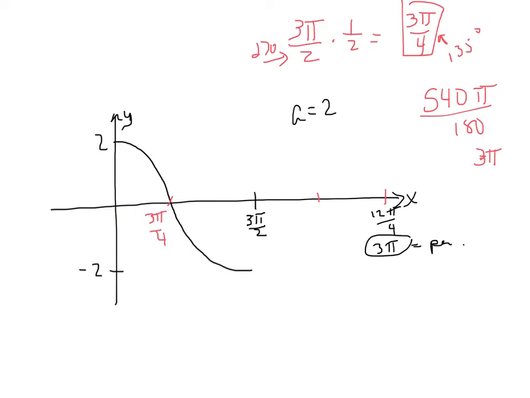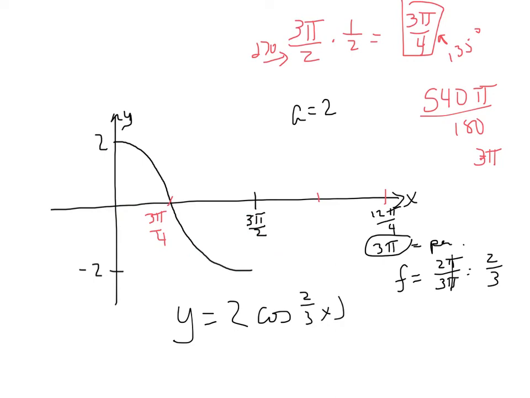There doesn't seem to be any other shifts, so I can go in and find my frequency. Remember, frequency is 2 pi divided by the period, which is 3 pi. So my frequency is going to be 2/3. Now, y equals 2 cos 2/3 x. Okay, that one was a little bizarre because of the fraction. Interesting fraction.